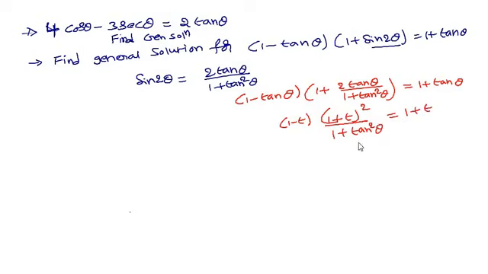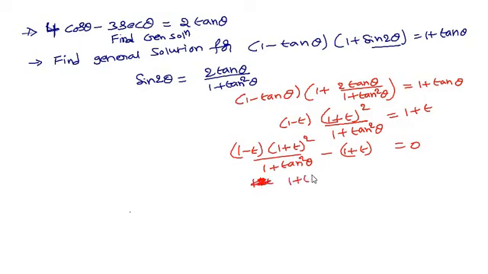So if you take 1 plus tan theta towards the left side, it becomes 1 minus tan theta into 1 plus tan theta whole square divided by 1 plus tan square theta minus 1 plus tan theta equals to 0. Now you can see we can take 1 plus tan theta common.